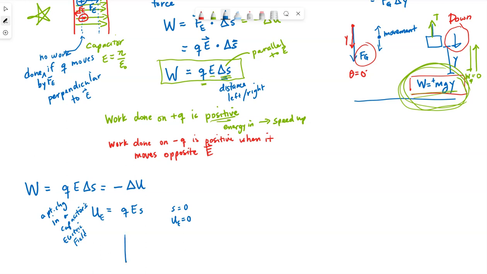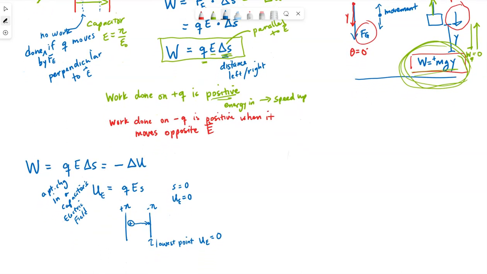So let's think about that plate for the capacitor again for just a second. If I have a proton in here, we're going to essentially say the lowest point, even though it's not downhill per se, the last place it can get to, we're defining as a potential energy of 0.